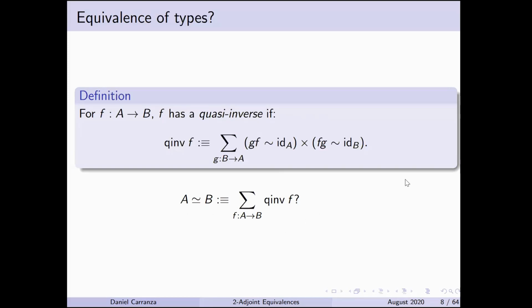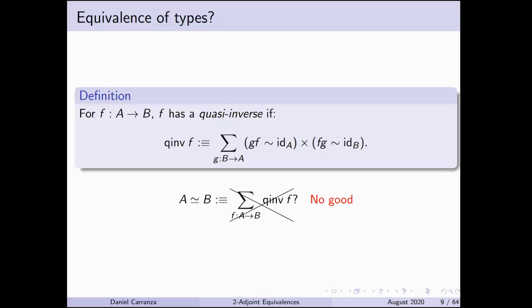And so because this is something that I could have come up with, it makes sense that this definition is no good. This definition in particular is not a proposition, which is something that we'll talk about more later.